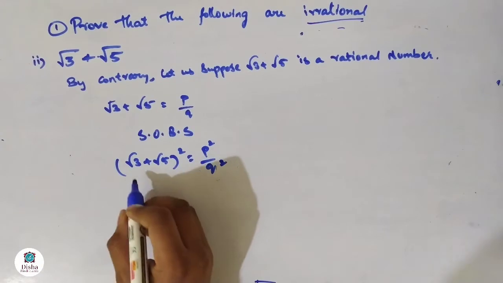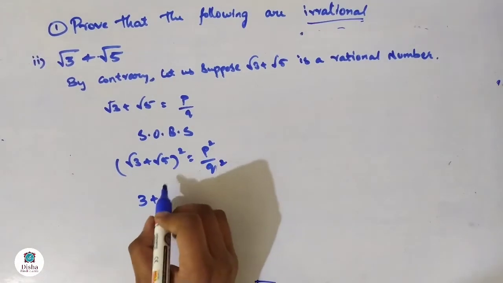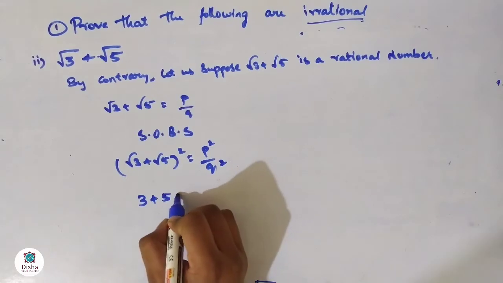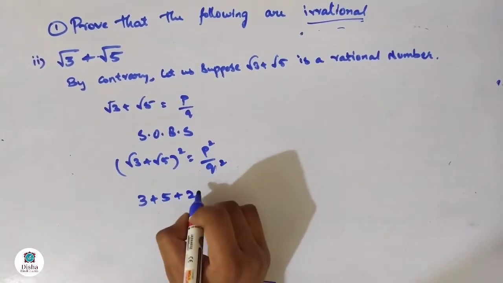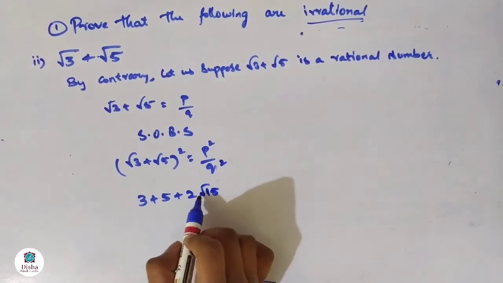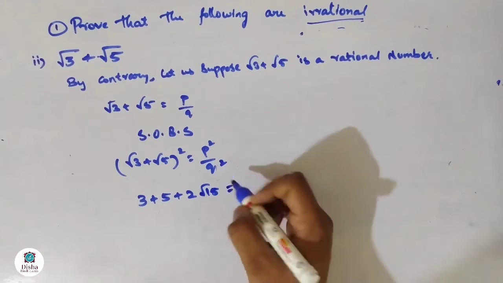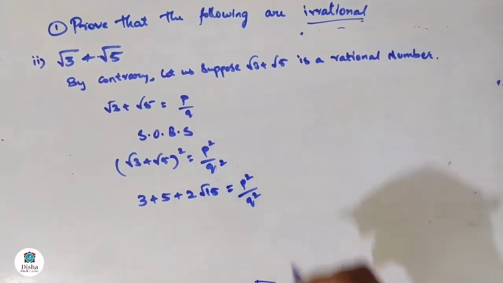That will be a square plus b square plus 2ab. Root 3 whole square will be 3, root 5 whole square will be 5, plus 2 root 3 into root 5. That will be root 15, since 3 fives are 15 under the root. That equals p square by q square.